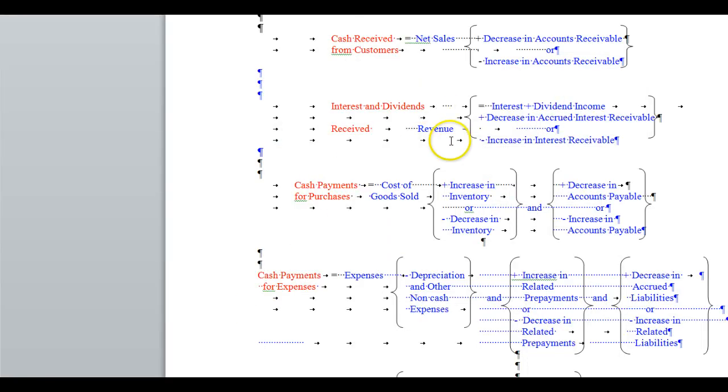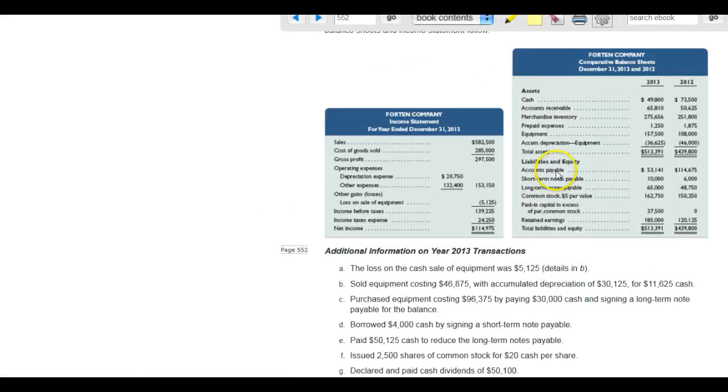And the next item is we have to look at the change in accounts payable, also on the balance sheet. We add this amount to payments if it decreases, we subtract this amount if it increases. So there's accounts payable. Here we are under liabilities. It looks like accounts payable went down approximately 61,000.